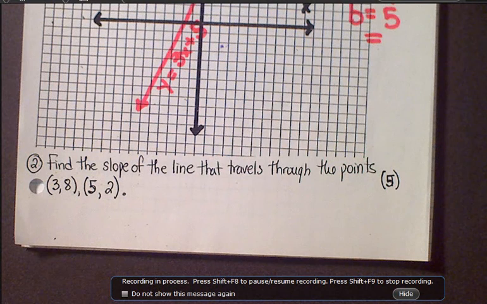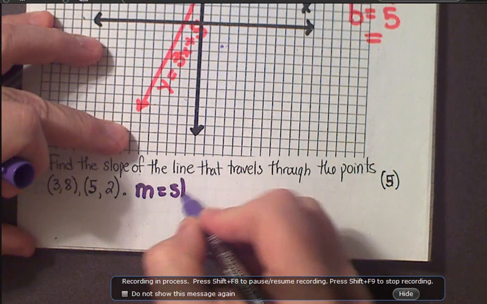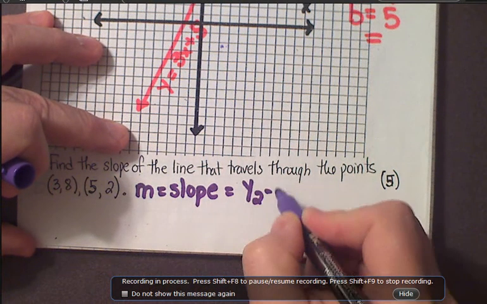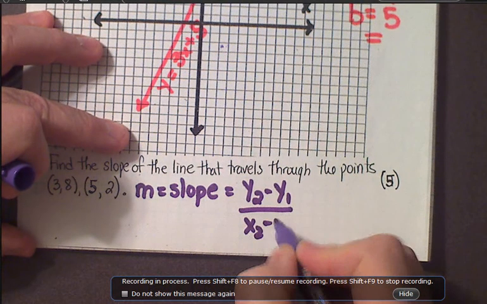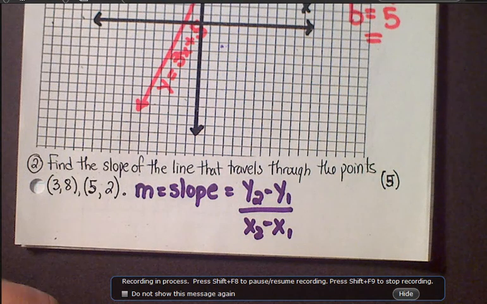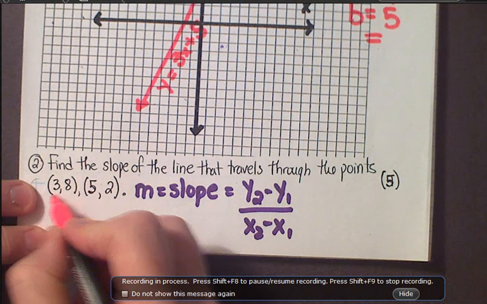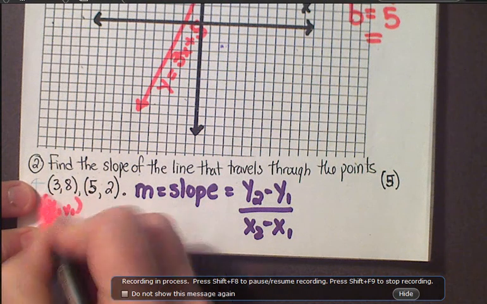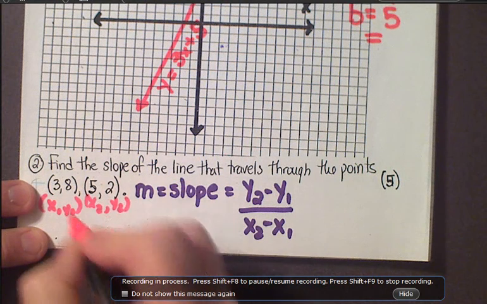In class we talked about a formula that represented my slope, which was m, and the formula we were supposed to know for this quiz was y2 minus y1 over x2 minus x1. One of the ways we could make this problem a little bit easier for ourselves is to label this point as your first point, so this is my x1 and my y1, and then this is my x2 and my y2, if you needed to do that.